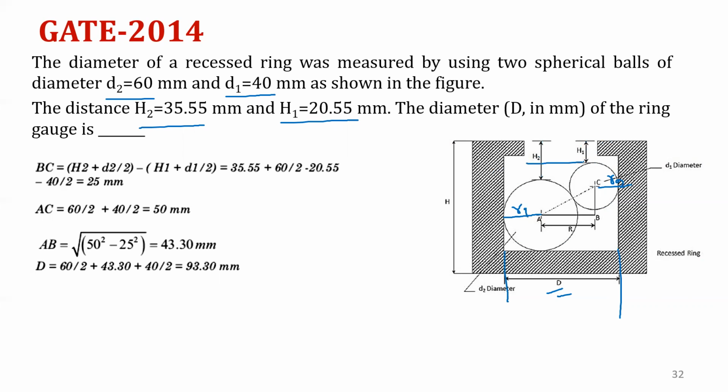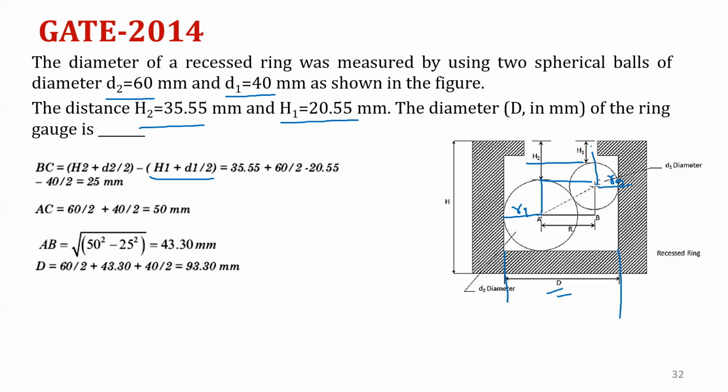If you subtract H1 from H2, you will get H2 plus D by 2 up to a point, minus H1 plus D by 2.